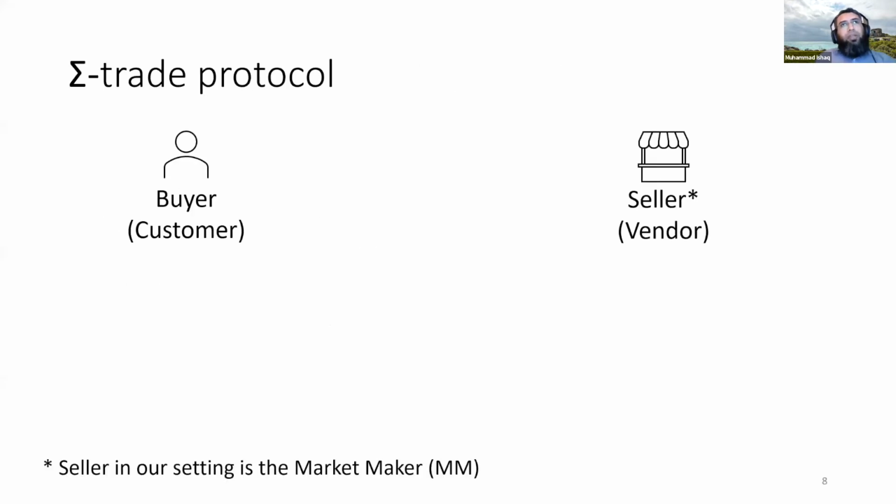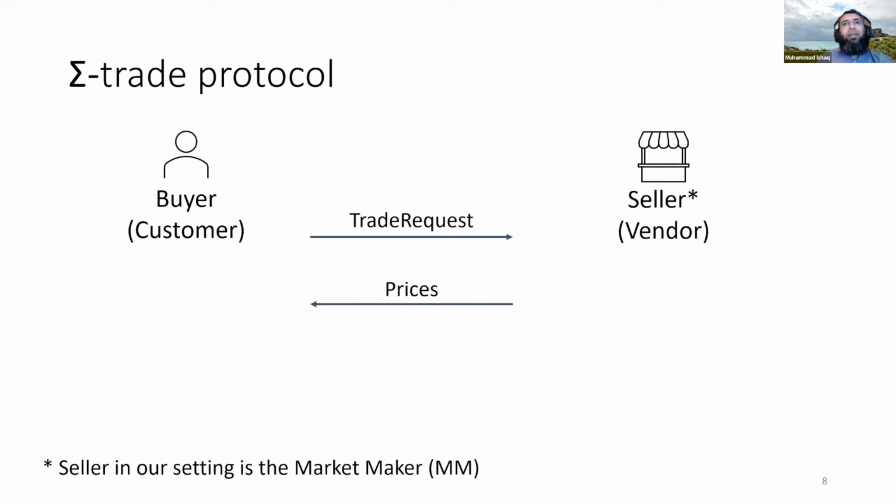So the first abstraction that we have is a 3-round asset swap protocol. We call it Sigma trade protocol because it has 3 rounds like the classical Sigma protocols. So the buyer or customer speaks first to the seller. Seller in our case is a market maker, but it could be any other vendor. It sends a trade request.